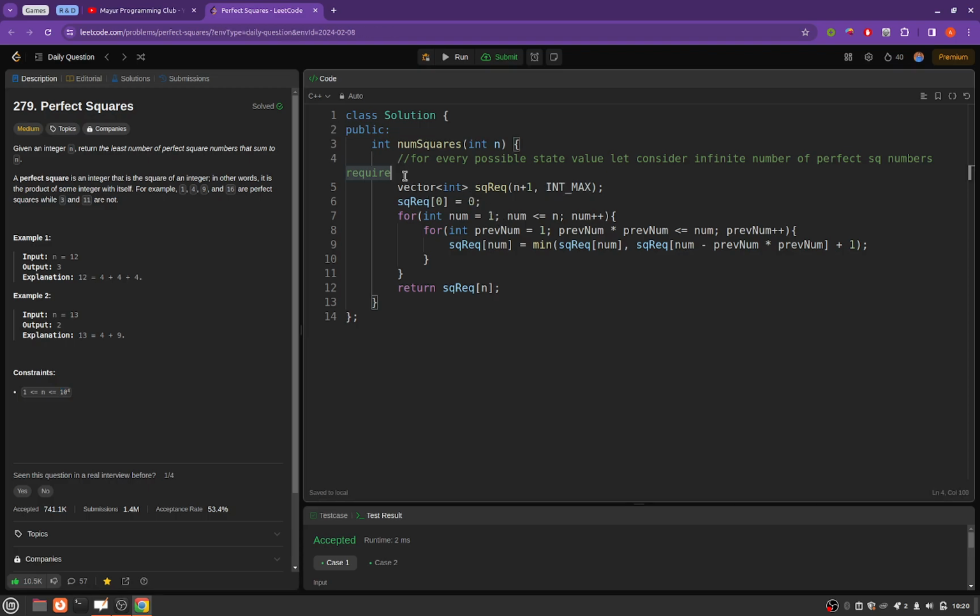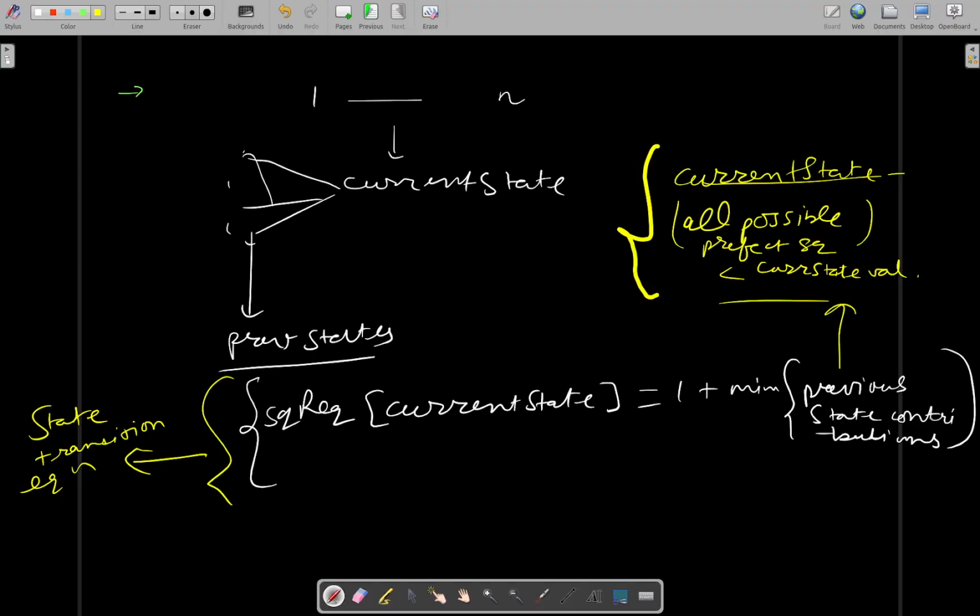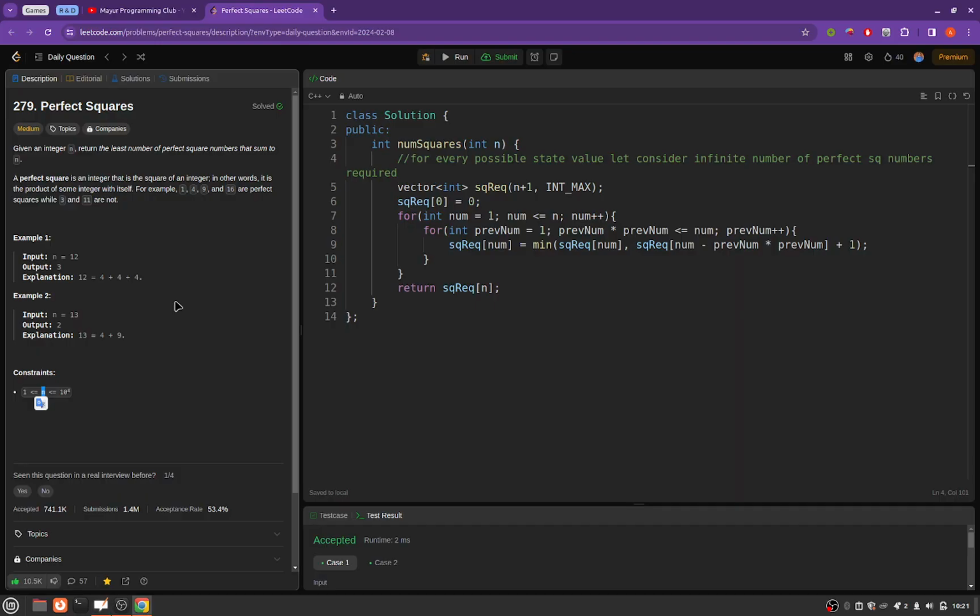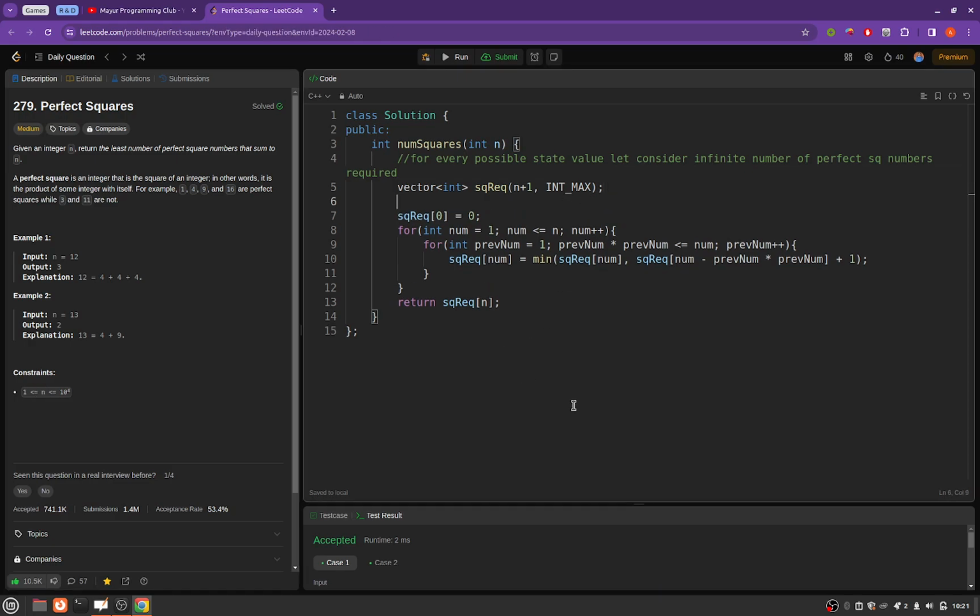Okay, for every state value, let's consider infinite number of perfect square numbers required. But you will see that if this n would have been 0, then there are 0 numbers that are required to make up a sum equal to 0. Okay, so let's say this was your target sum 0. So in all, 0 perfect square numbers are required. So you will initialize numbers required for target sum equal to 0 to 0.